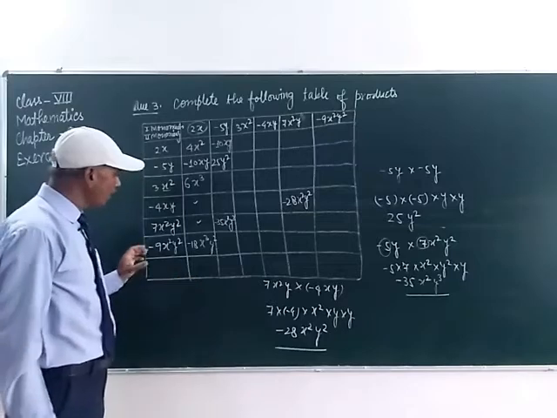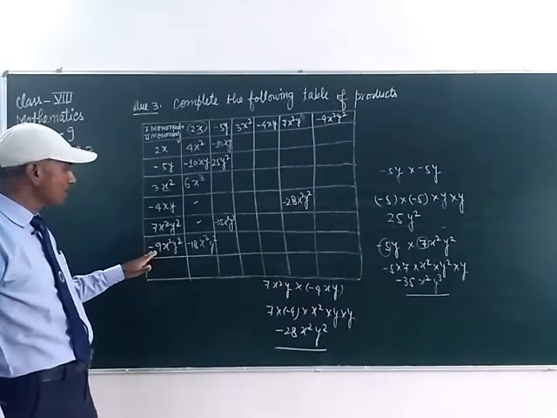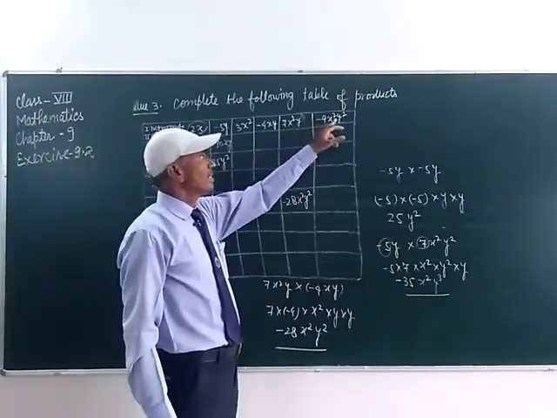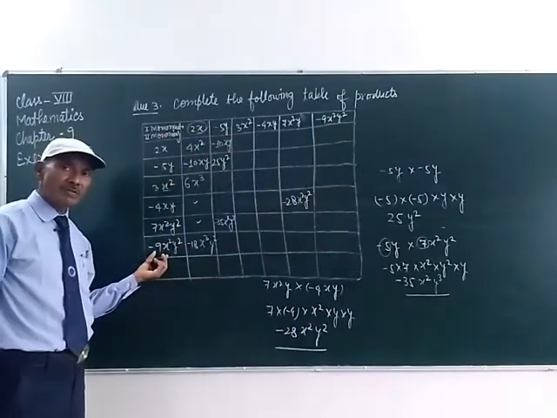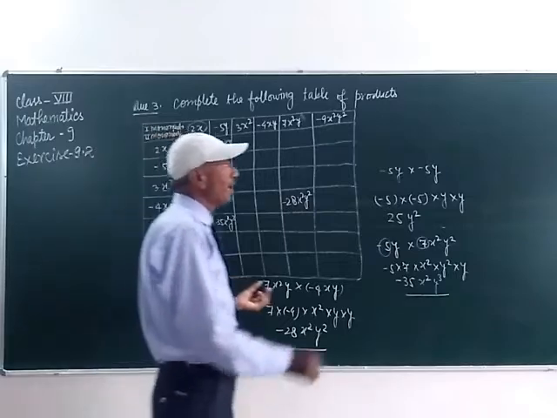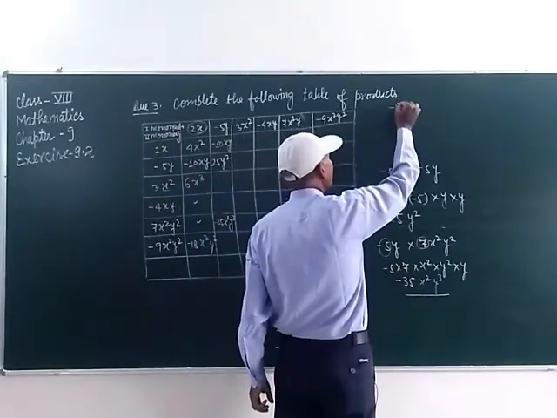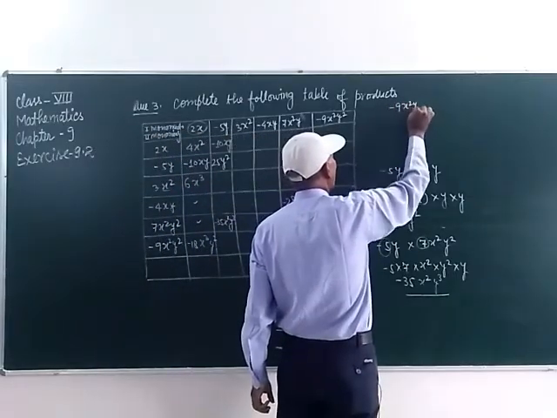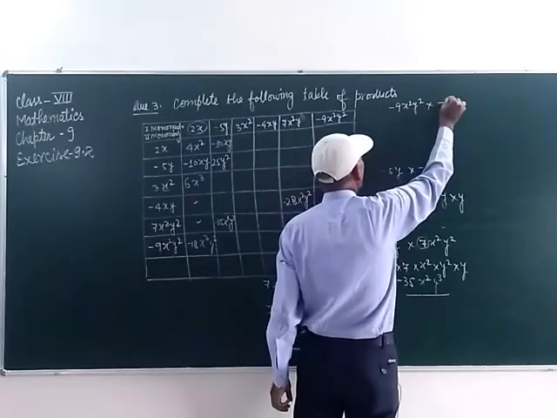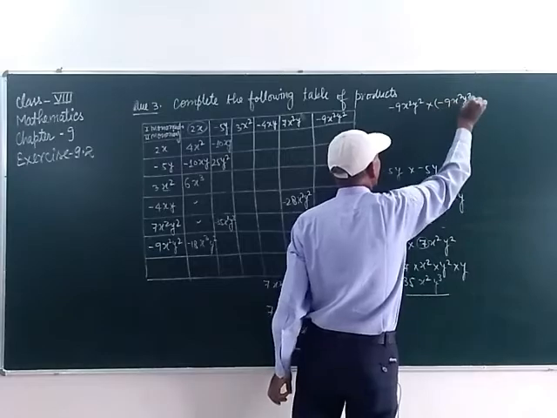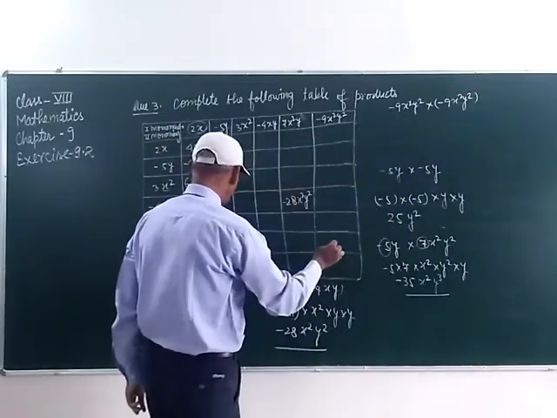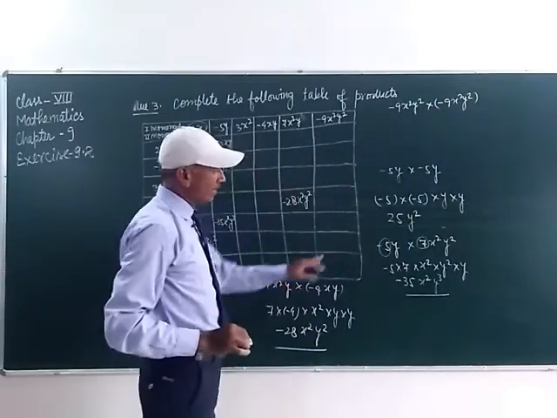If we are going to find the product of this minus 9x square y square with minus 9x square y square, so, student, we have to multiply this minus 9x square y square into minus 9x square y square. This one last blank we have to fill. Clear, student?